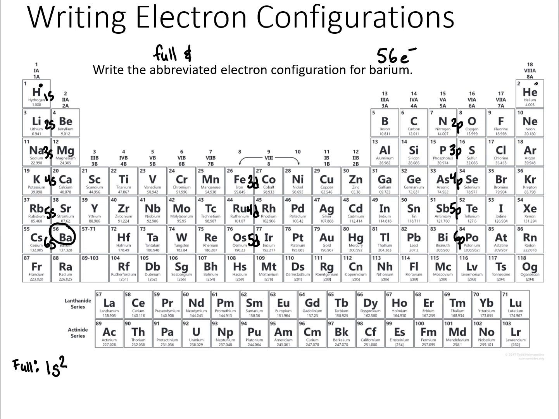So we've done 2. What do I fill next? I fill the 2s, and I put another 2. Now we're at 4. What comes after the 2s?